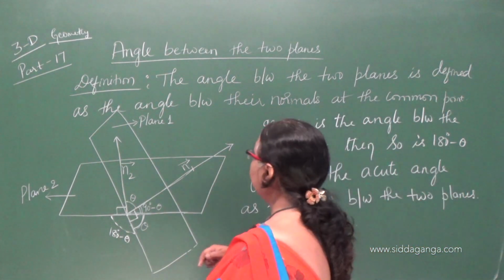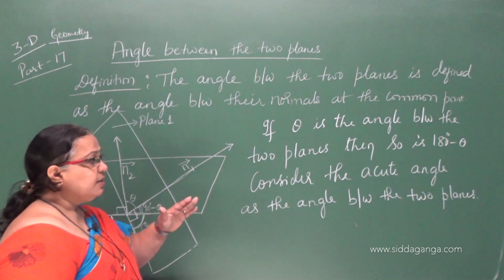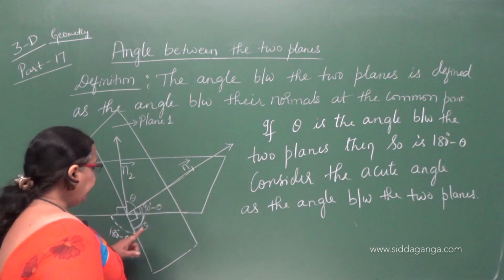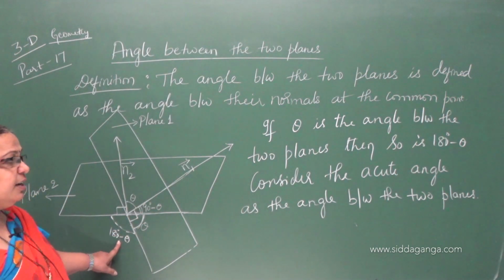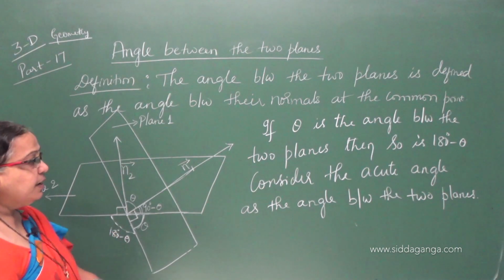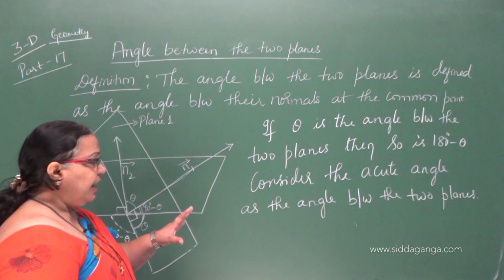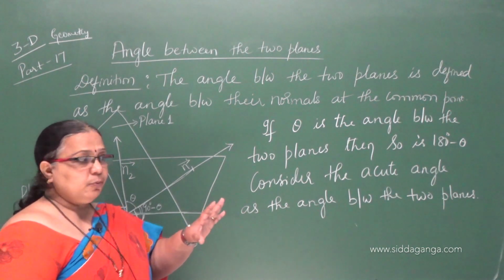So now theta is the angle between the two planes, and so is 180 degree minus theta. It also represents the angle between the two planes. Then we have to consider the acute angle as the angle between the two planes.